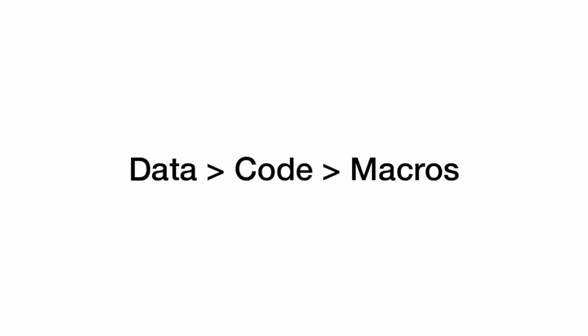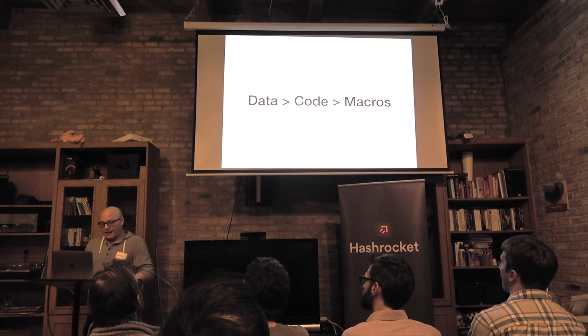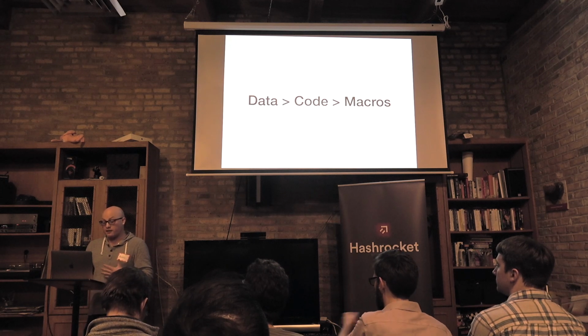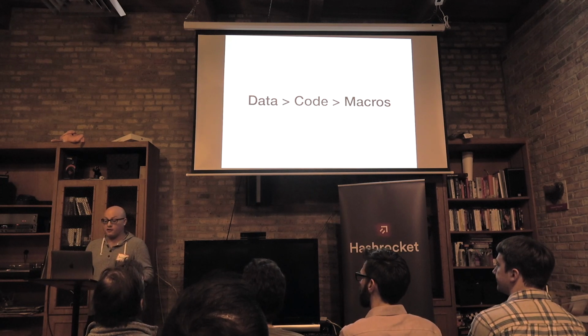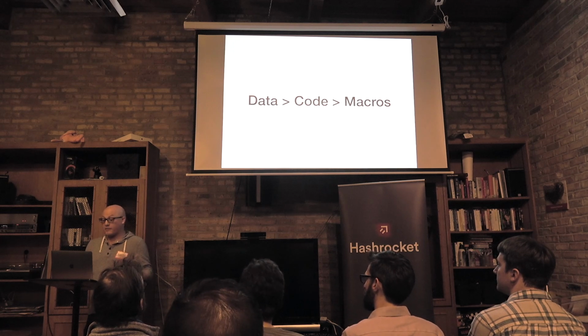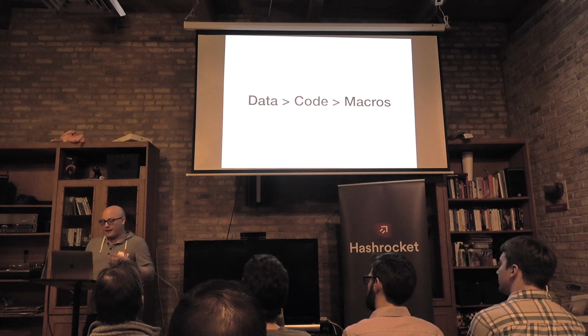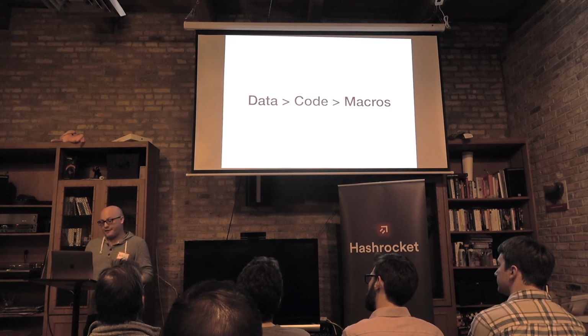So in the Lisp community, and I'm not necessarily going to go into this in the talk, but I think that Elixir is very Lisp inspired. In the Lisp community, there is a mantra that data is greater than code, is greater than macros. I think that that is true in Elixir as well.